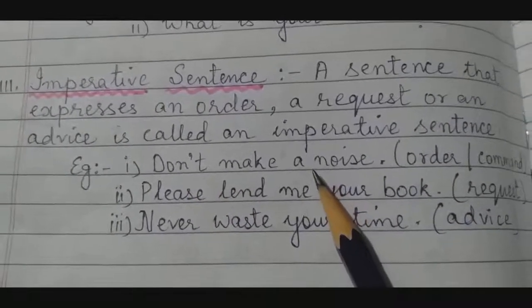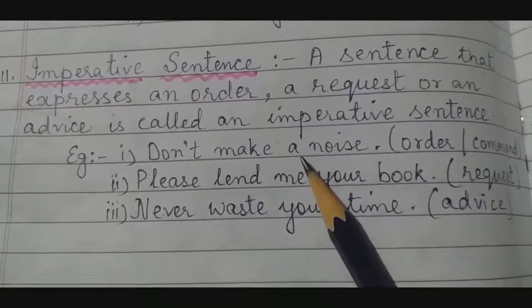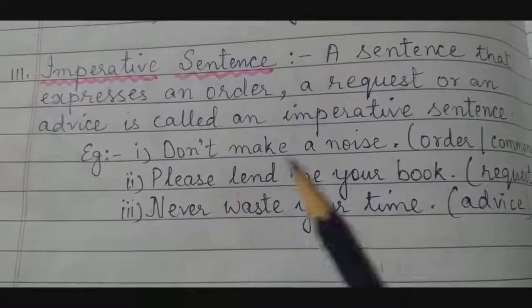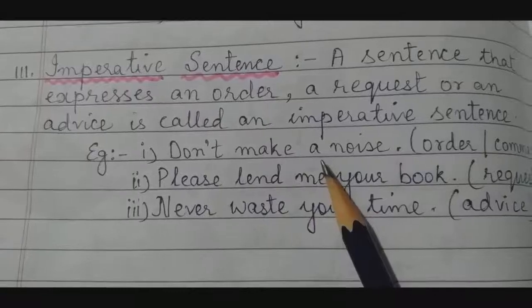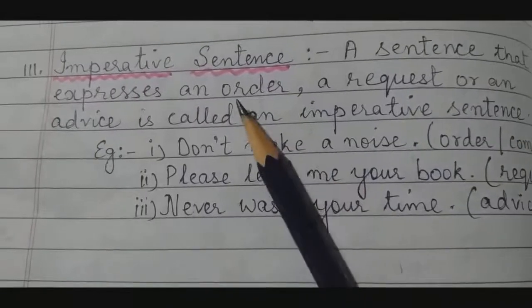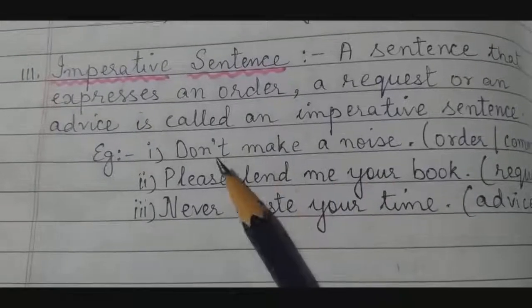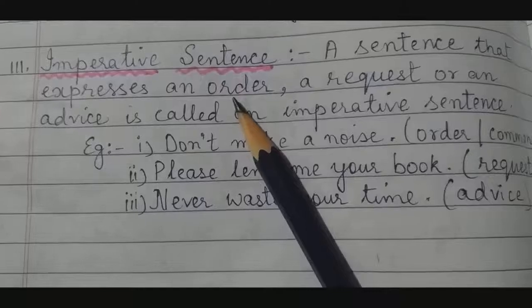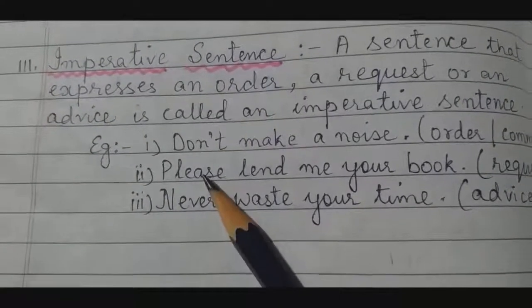Is the teacher requesting something? क्या teacher request कर रही है कि please बच्चे हल्ला मत करो? या फिर ये कुछ सलाह दे रही है? हल्ला नहीं करना जब हम बोलते हैं, वो एक ऑर्डर है. हम हुक्म देते हैं. Fine? So, don't make a noise, it comes under an order or command.